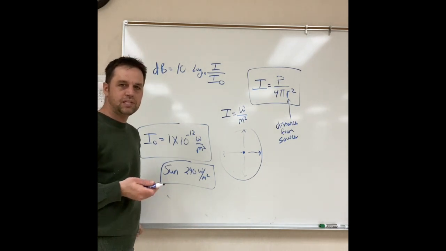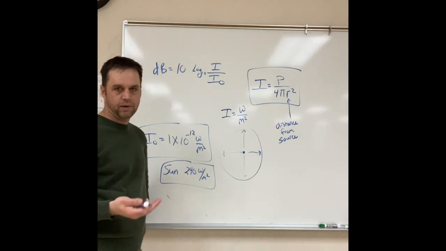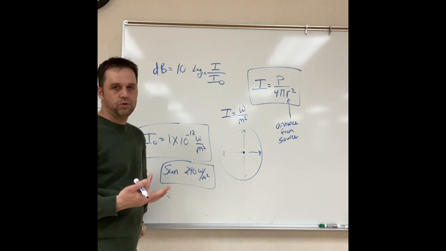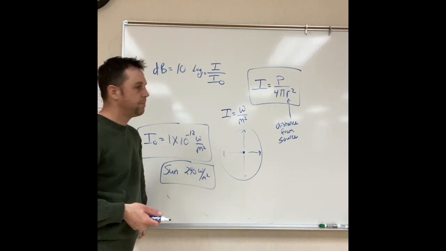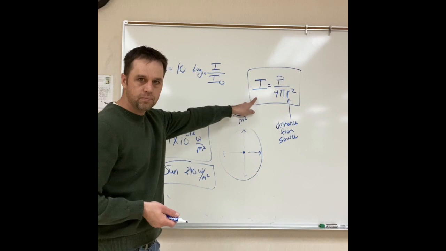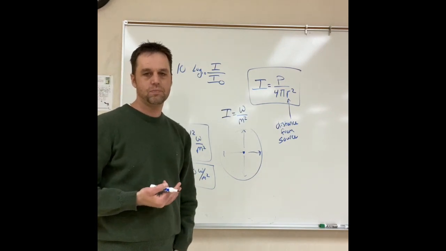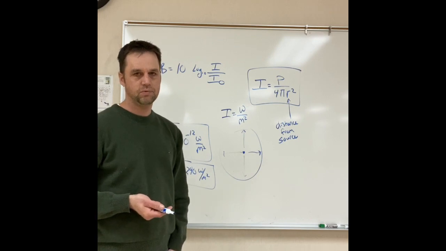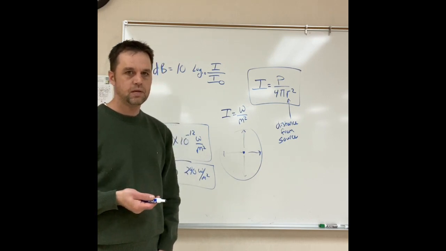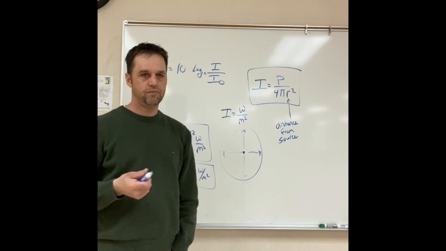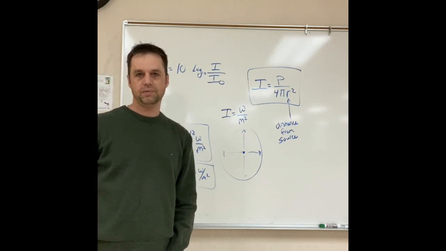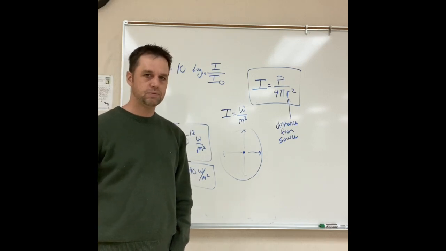So when we perceive sounds, because we can hear things that are all the way up to a watt per meter squared or more, we don't perceive them by intensity. We actually perceive them logarithmically. So we had to come up with a logarithmic scale for decibels, which is the measure of sound volume. And that logarithmic scale, if you remember logs, says that if I go up 10 decibels, that means it's 10 times more intense.